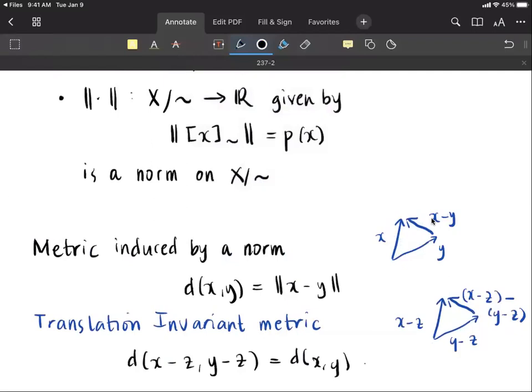Okay, so we take note that we cannot do this in a general metric space unless you have a vector space structure. Here we have a vector space structure. So you can add vectors, you can multiply by scalar, and in particular, you can take the difference of two vectors. So to talk about translation invariance, you need to consider a vector space structure, for instance, of the space.